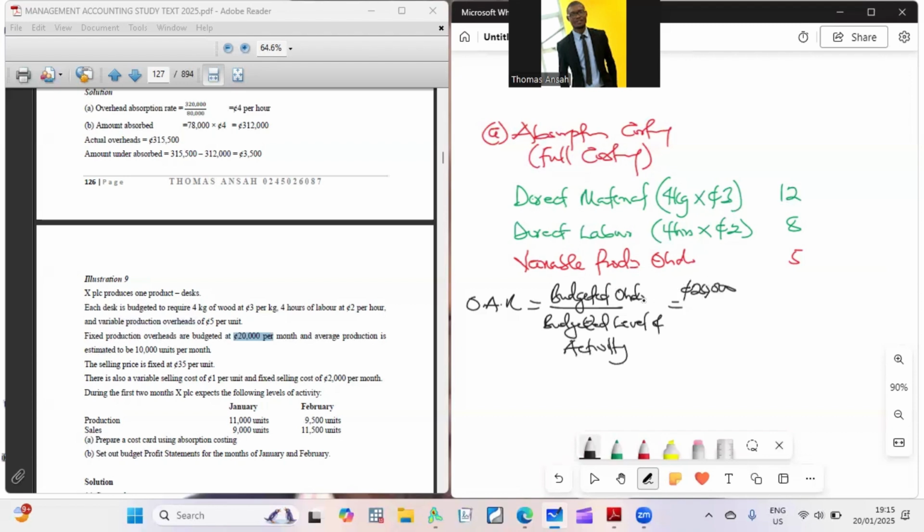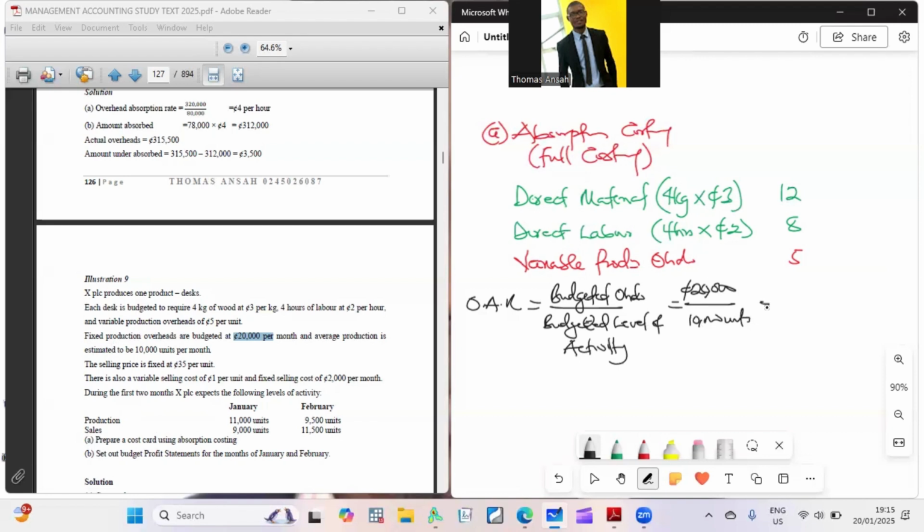And so the top should always be an amount. So you should never make a mistake of turning it around. And the average production estimate, so the estimated budgeted level of activity, the average, because here they gave you January, so the average one, the question said, is 10,000 units per month.